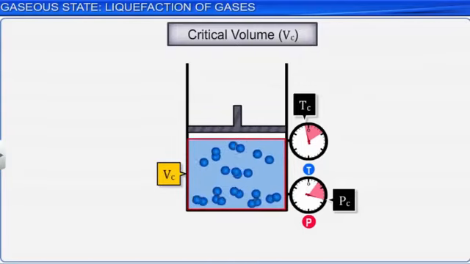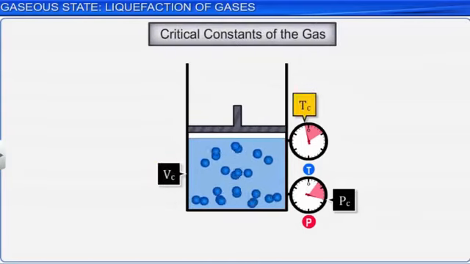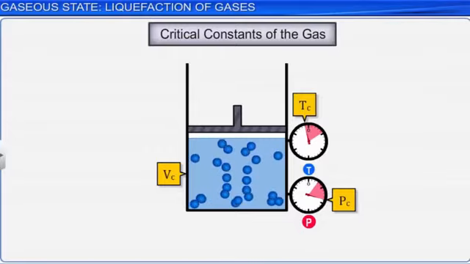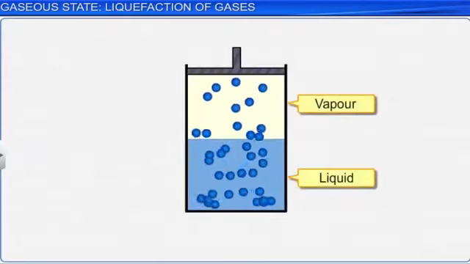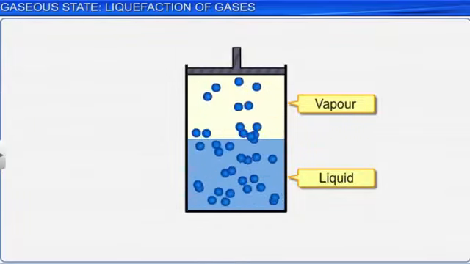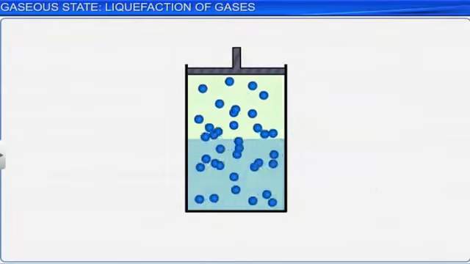Tc, Pc, and Vc are collectively called the critical constants of the gas. A point where there is no distinction between the liquid and the vapor state of a gas is called the critical point, and the gas at this point is said to be in the critical state.